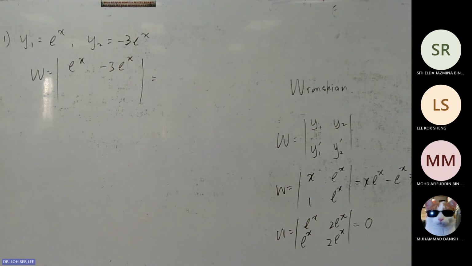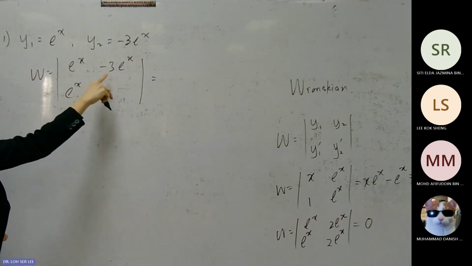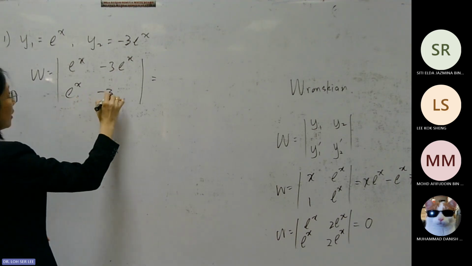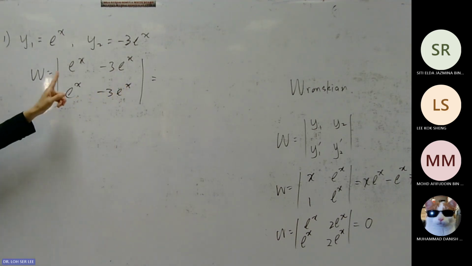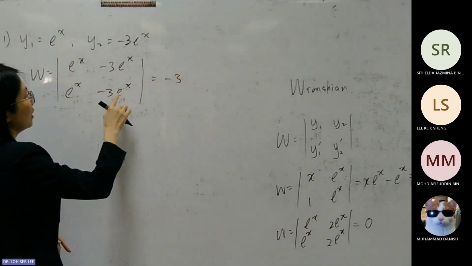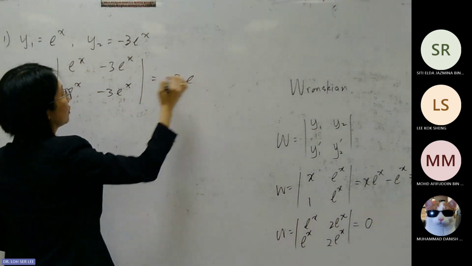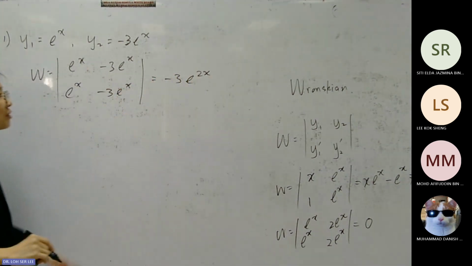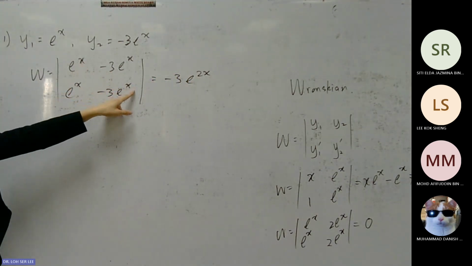When you differentiate e^x, you get e^x back. Differentiate this one, you get negative 3e^x. Ad minus bc: ad, you get negative 3e^2x, since you sum up the powers, x plus x.